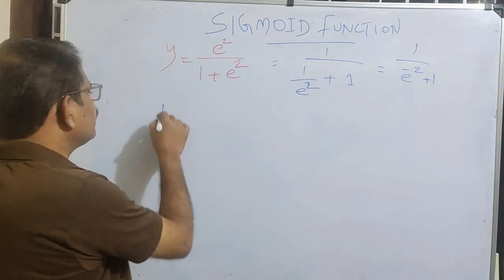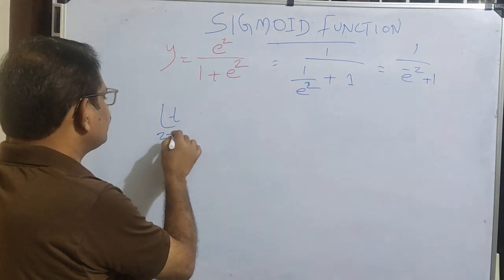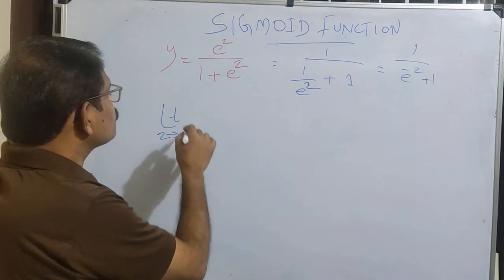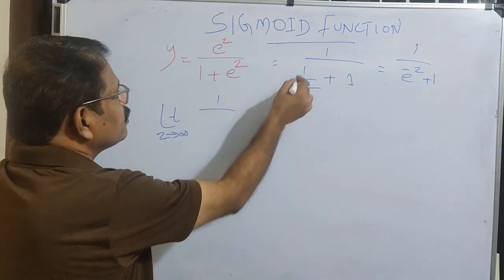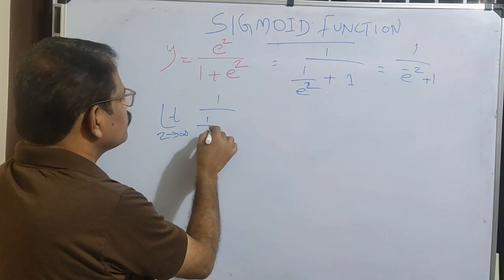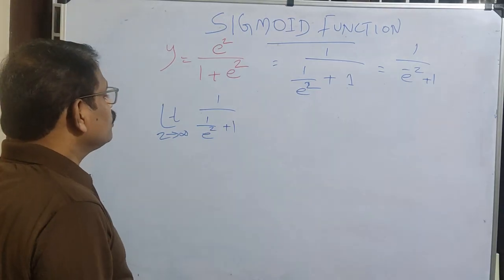Okay, let us take the limit z tending to infinity. What is y? That is 1 by e raised to minus z plus 1.